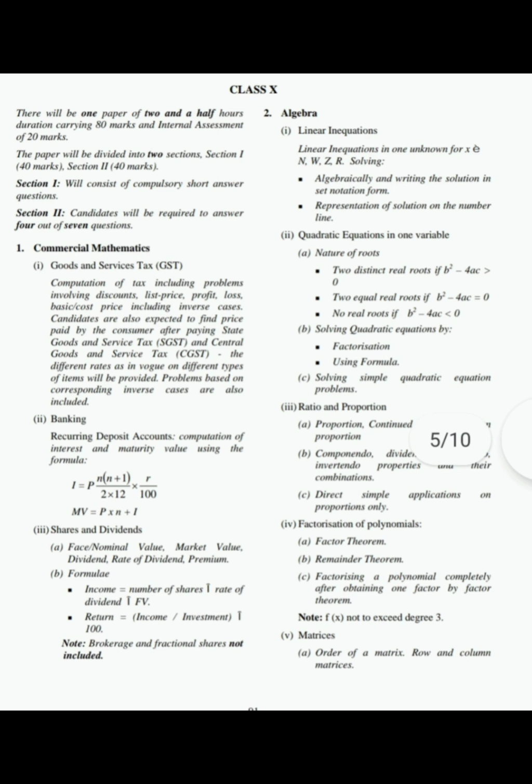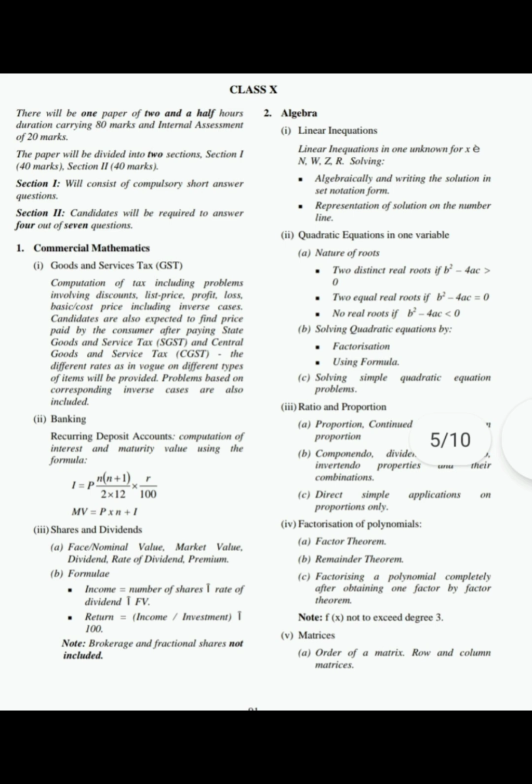First unit, commercial mathematics. In the first chapter, goods and service tax, you have to study computation of tax including problems involving discount, list price, profit, loss, basic cost price including inverse cases.